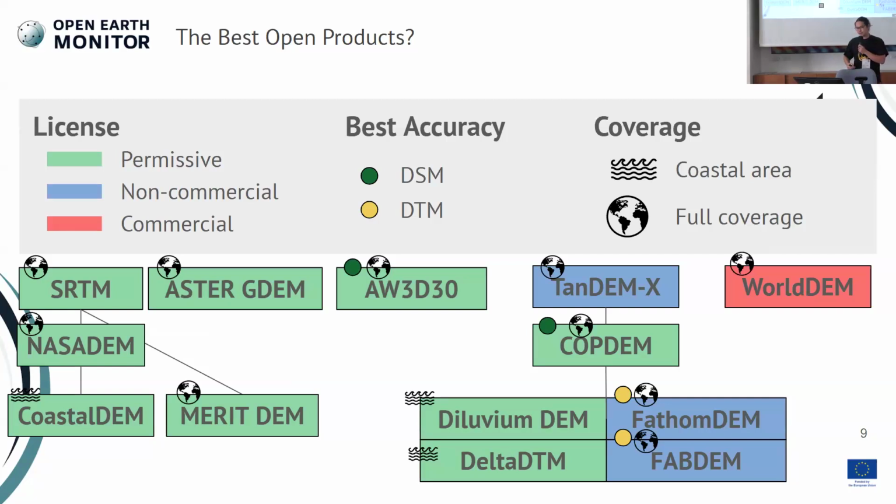The green dot is the digital surface model, where they flew, for example, SAR sensors above the surface, capturing the top of the canopy and the top of the buildings to record the height. Digital terrain models, on the other hand, capture the bare surface. The idea is they remove the vegetation and the buildings to represent the bare surface.